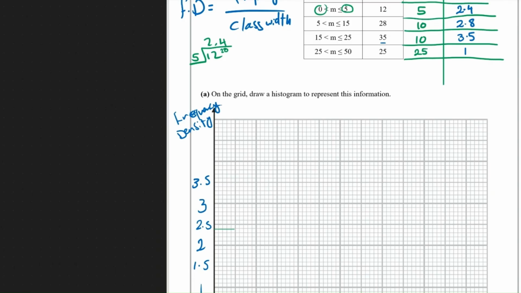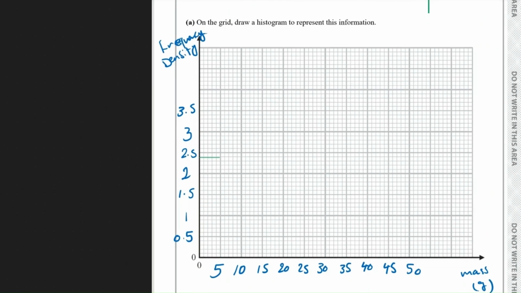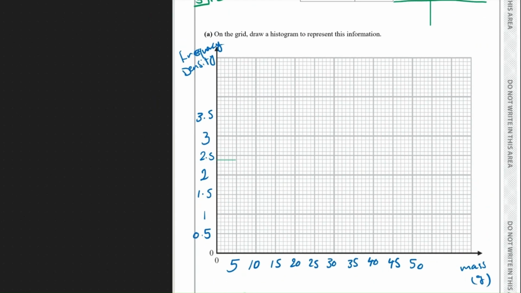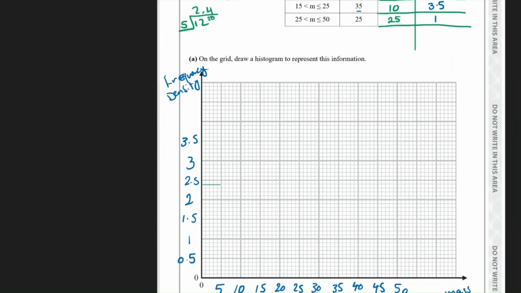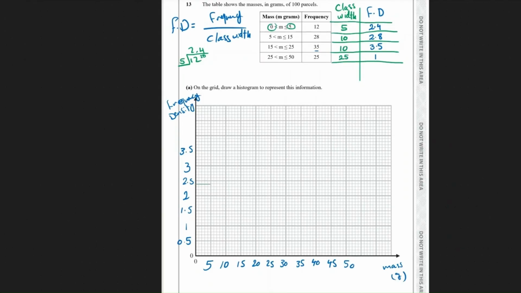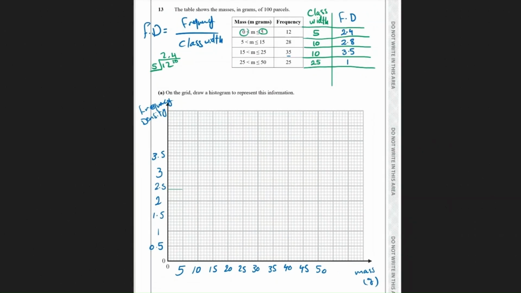From 5 to 15, we talk about this part here, between 5 and 15. It's 2.8, which would be something like this, so here.